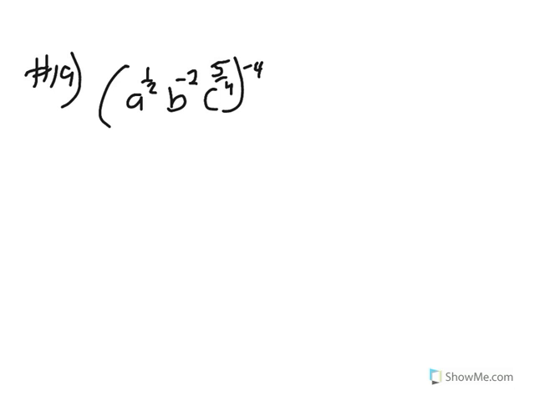Number 19, the directions are to simplify the problem. Lots of different orders you could do this. I'm going to use the power of a product property, which I've used many times.